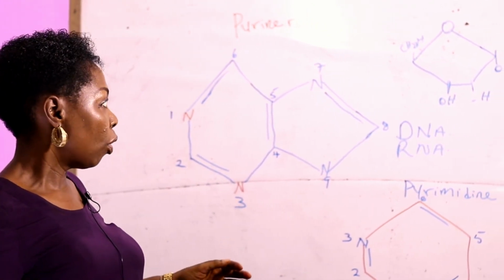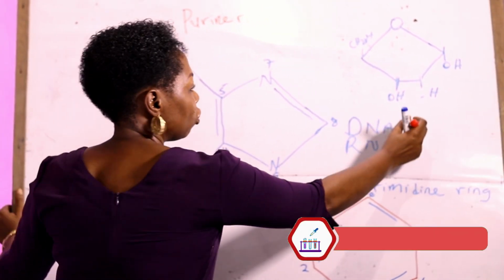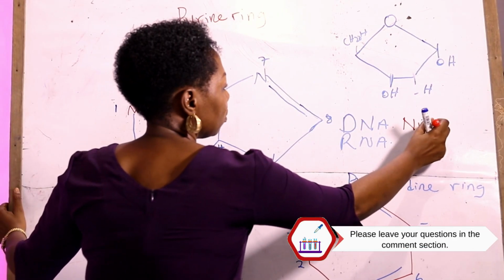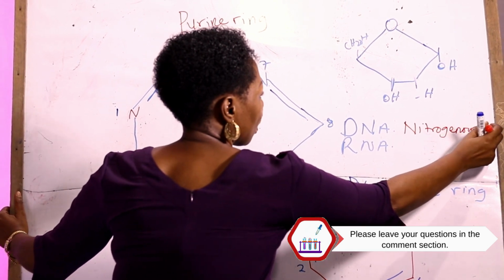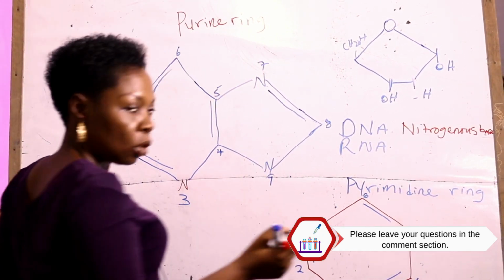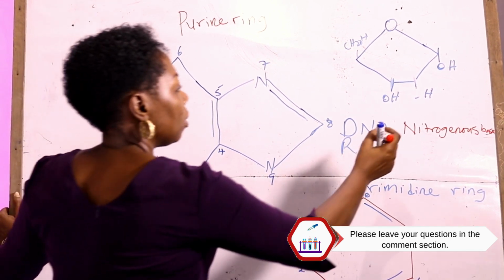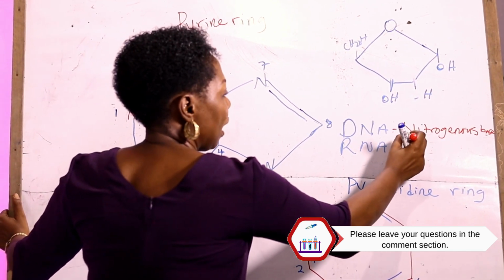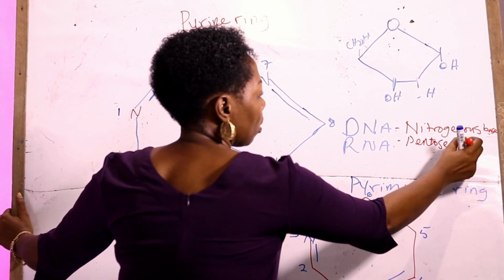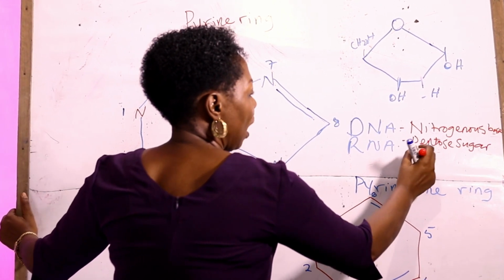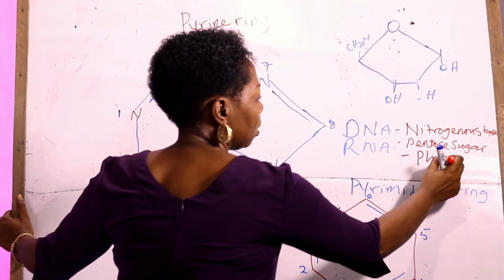Nucleotides are made up of a nitrogenous base, a pentose sugar, and the phosphate group.